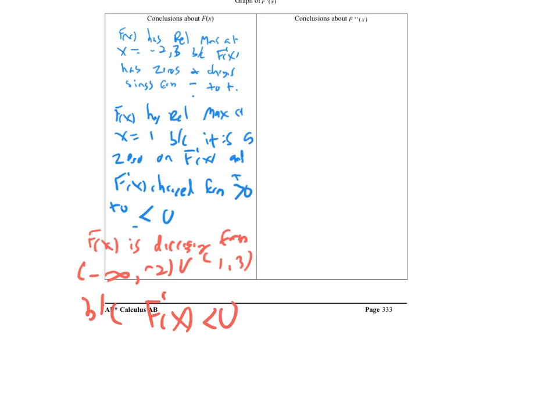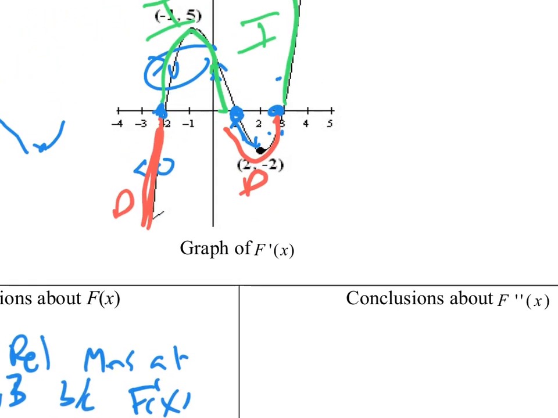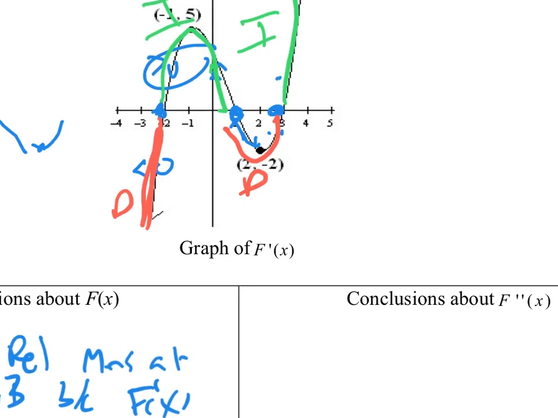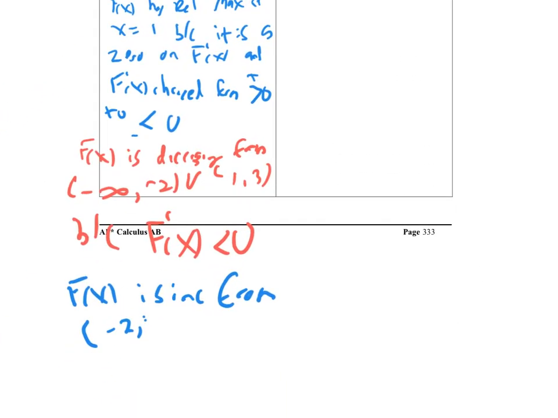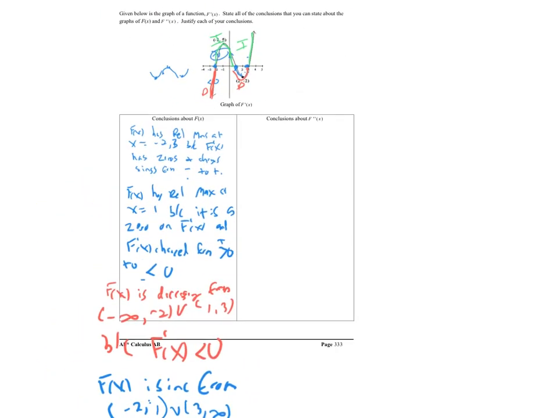I can add f of x is increasing from negative 2 to 1, union, picks back up at 3 and goes to infinity, because f prime of x is now greater than 0. So that's a lot. I'm going to leave that.